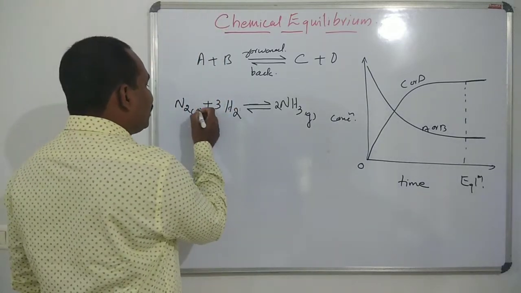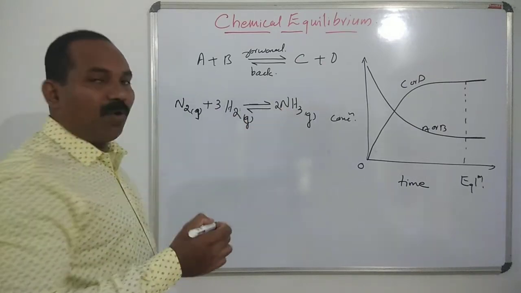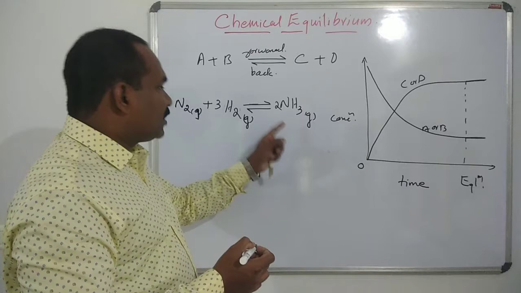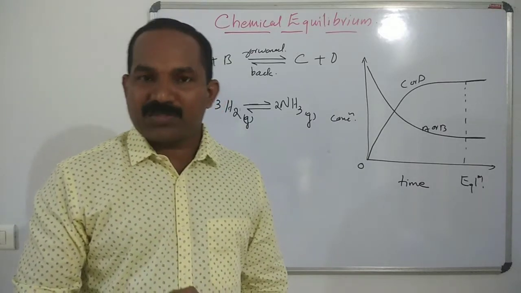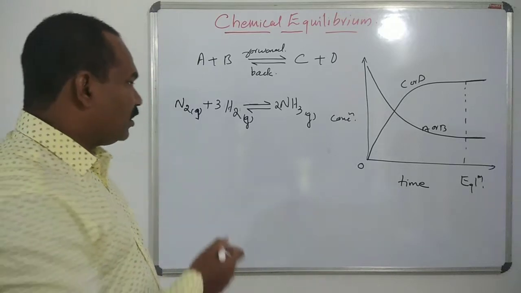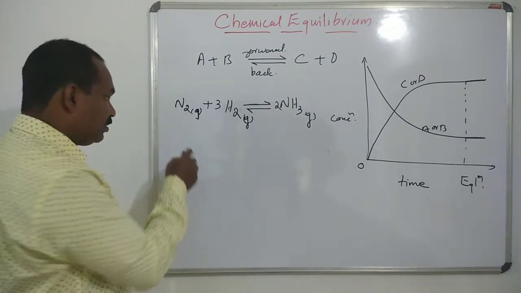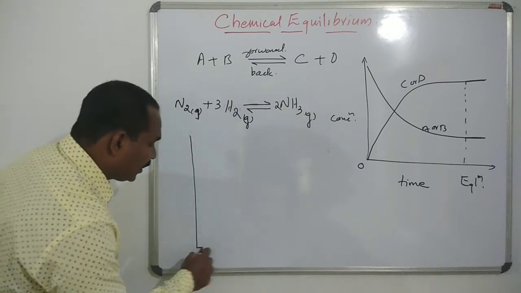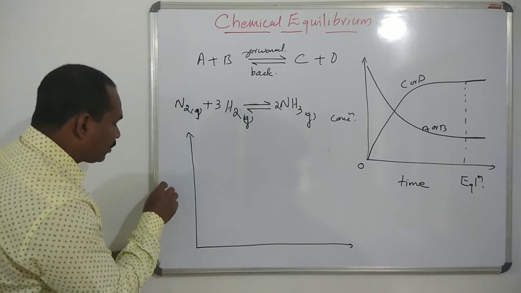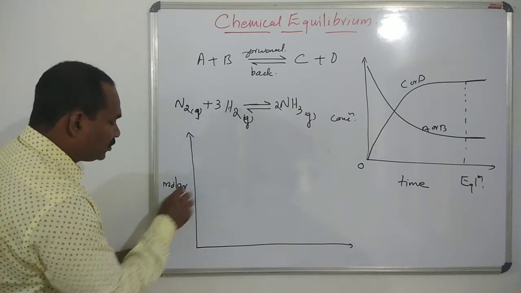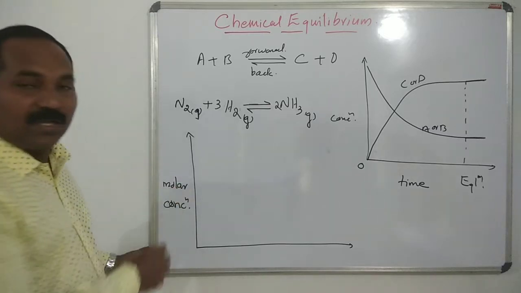Once again, N2 gas combines with H2 gas to form ammonia gas, and that ammonia decomposes to give nitrogen and hydrogen. Initially the concentration of nitrogen and hydrogen is maximum. This also we represent by a graph. We consider here the molar concentration, shortly written as conc.